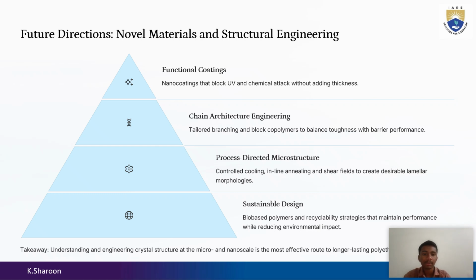Process-directed microstructure: controlled cooling, inline annealing, and shear fields to create desirable lamellar morphologies. Sustainable design: bio-based polymers and recyclable strategies that maintain performance while reducing environmental impact. Takeaway: understanding and engineering crystal structure at the micro and nanoscale is the most efficient route to long-lasting polyethylene thin films.